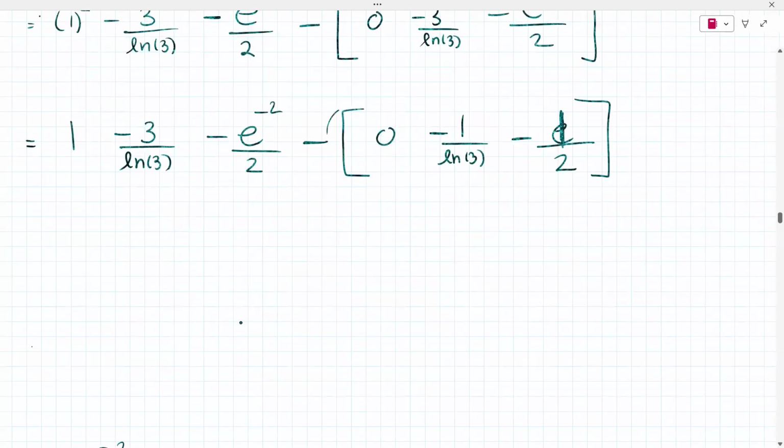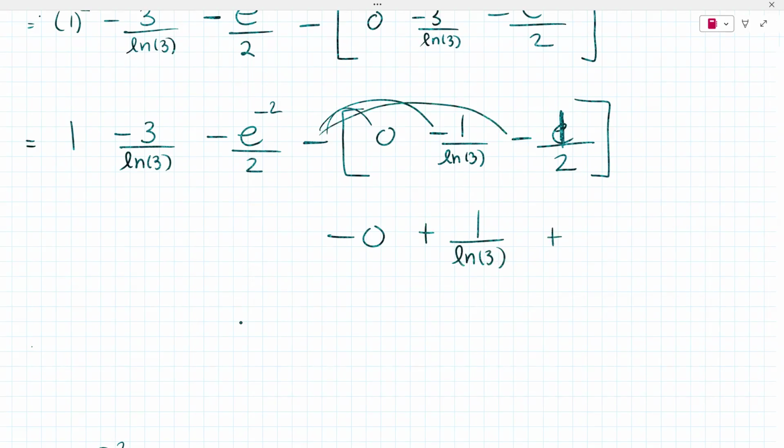So if I FOIL out this minus, this is just minus 0. This is negative times negative is 1 over ln of 3. And a negative times a negative is a positive 1/2.